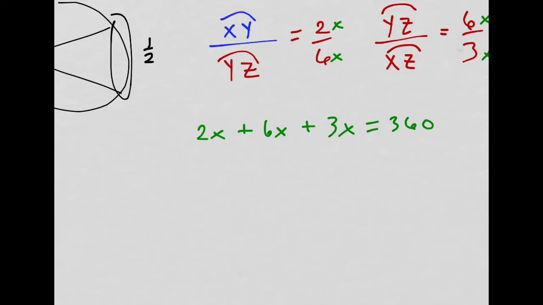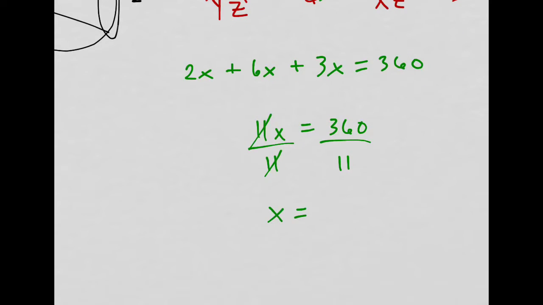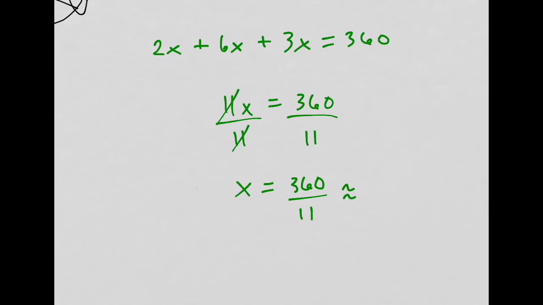So what is this? 2, 6, 7, 8, 9, 10, 11. 11x equals 360. Divide by 11. Great, that doesn't work out nicely, but we have x equals 360 divided by 11, which is approximately 32.72. Actually, it's exactly that.